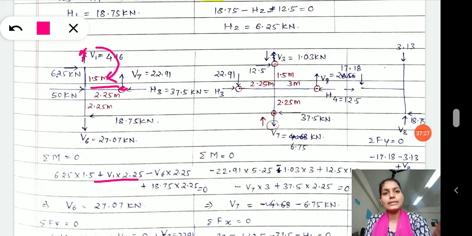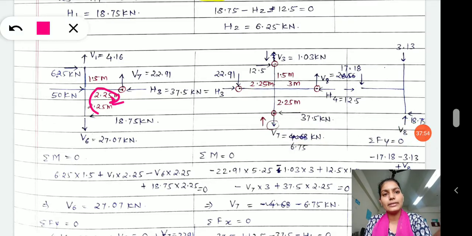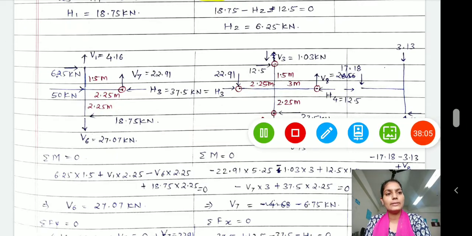Then this vertical force into the horizontal distance. This vertical force is V6. Now don't take the values, those we have calculated and shown there. So V6 into the horizontal distance 2.25, plus, this is making a clockwise movement, therefore plus 18.75 kilonewton into the vertical distance, since the force is horizontal.